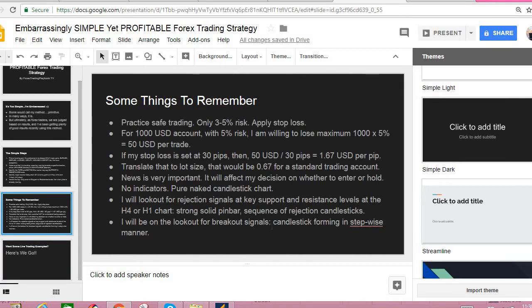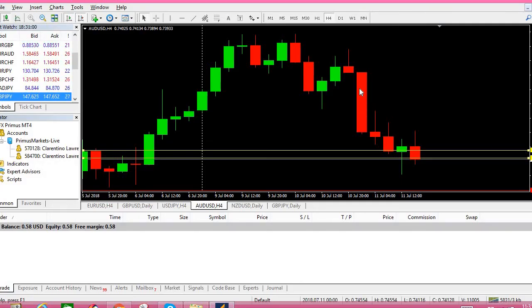I will be on the lookout for breakout signals, candlesticks forming in a stepwise manner. Right now we can see a strong selling momentum, and this 4-hour candlestick pattern has been happening for quite some time. There's been a rejection here, and a push to break this support, but there was a rejection.